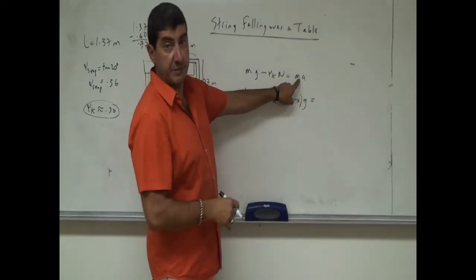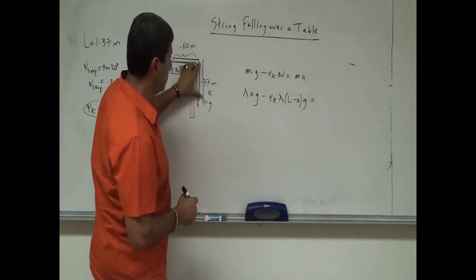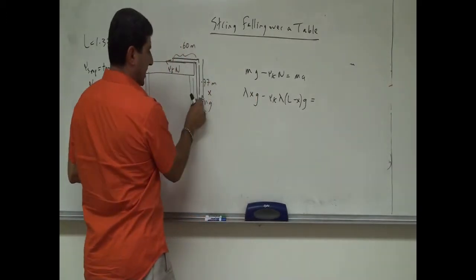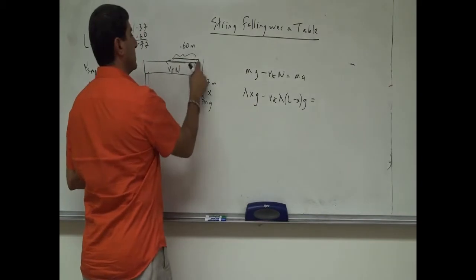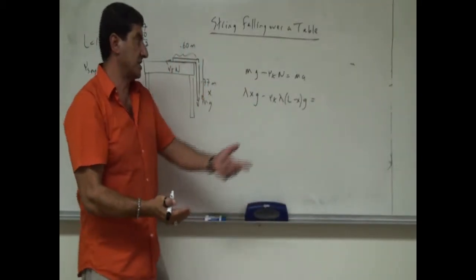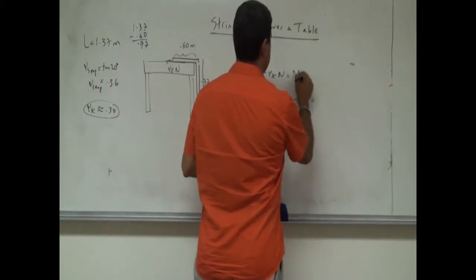So now what will this m equal? Is that the portion that's just hanging? This is kind of an interesting question. This m depends on the portion that's hanging, lambda x. The normal force depends on the portion that's sitting, but which portion of the string is accelerating? We could say this is actually the total mass. Why?